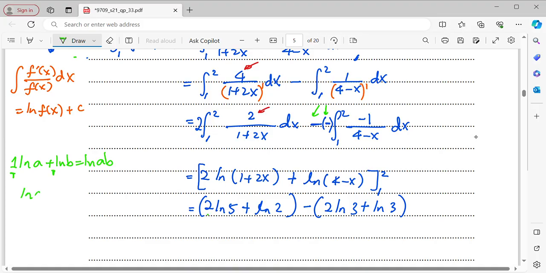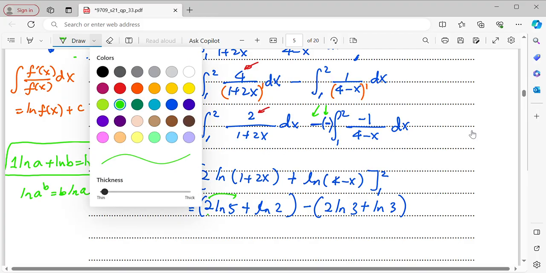Therefore, I have to apply another formula: ln A to the power of B equals B ln A. So if you want to use the first ln formula, make sure it is 1 ln A plus 1 ln B. Then only you can combine it using products of AB. Otherwise, you cannot proceed. So that's why the 2 here will be moved up to be the power of 5.